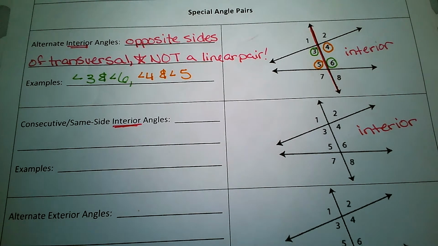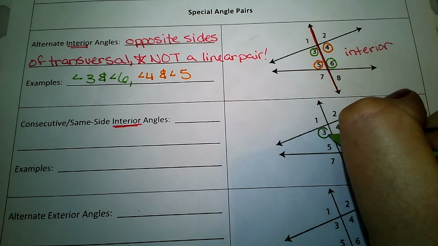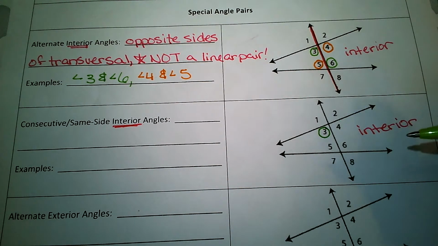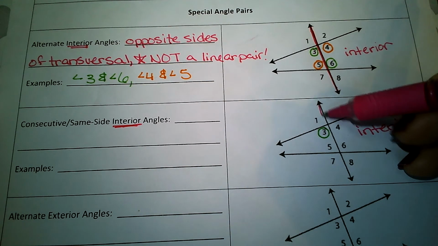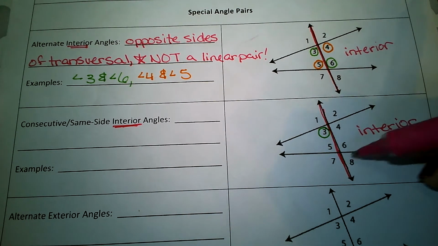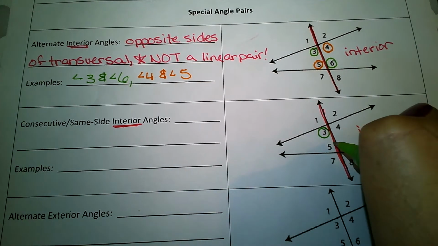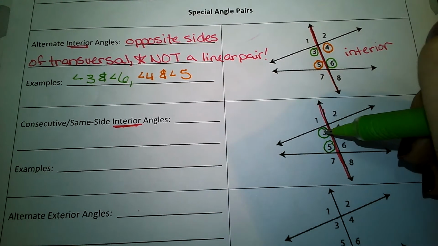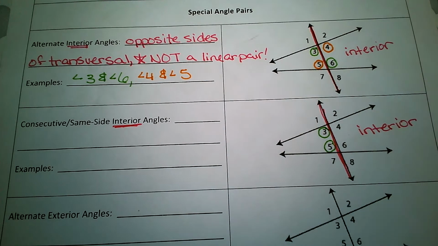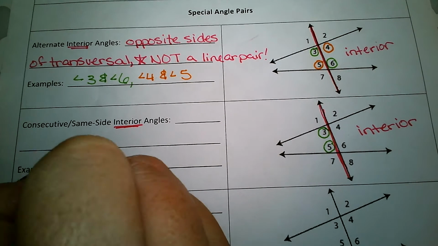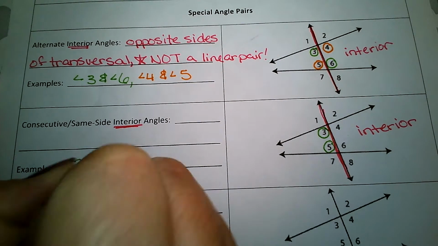If I'm looking at angle 3 again, what other angle is on the same side of the transversal, but also is in the interior space? Well, that would be angle 5. Angle 3 and angle 5 are both interior angles and they are on the same side of the transversal.